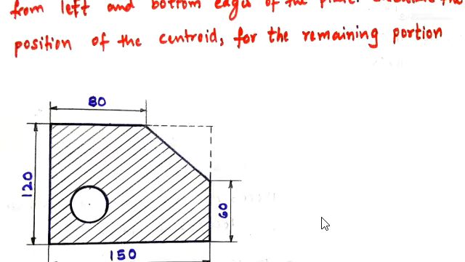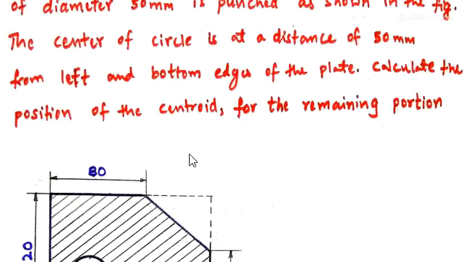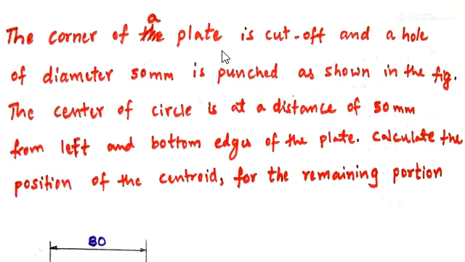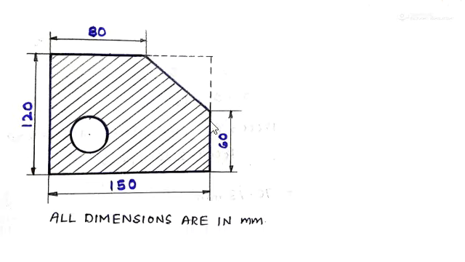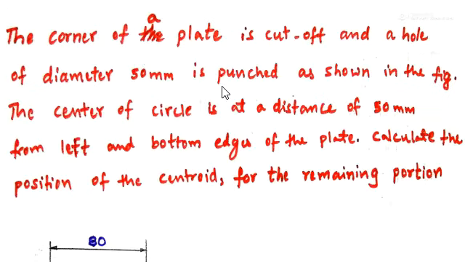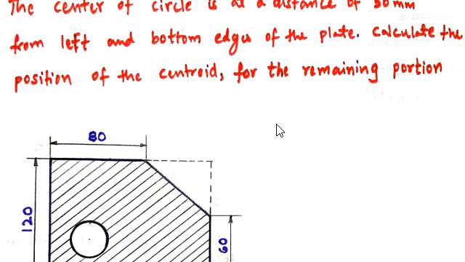So here the plate is given, for which the corner of the plate is cut off like this triangle shape, and also a hole is punched in this plate.